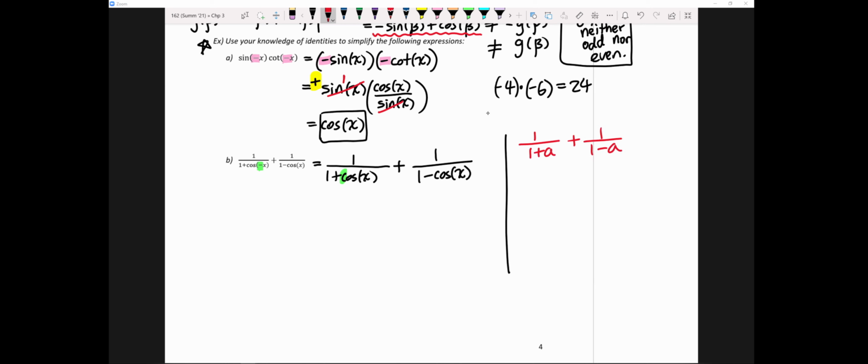I call this the apple method, substituting your trig function with a. Sometimes it makes it easier to do the algebra steps when your trig function is just a variable a.